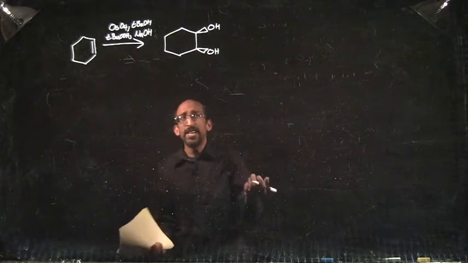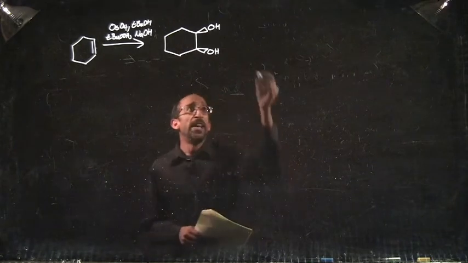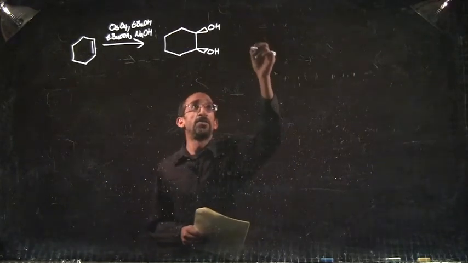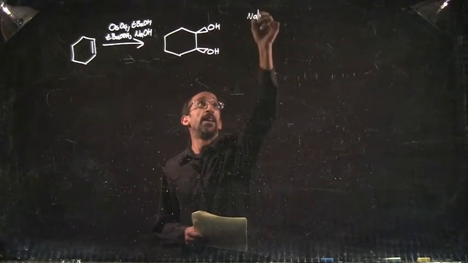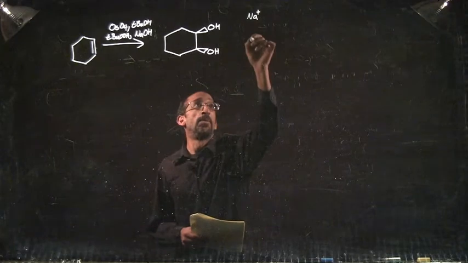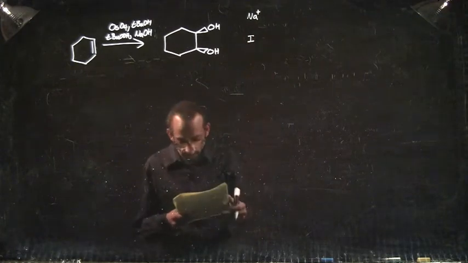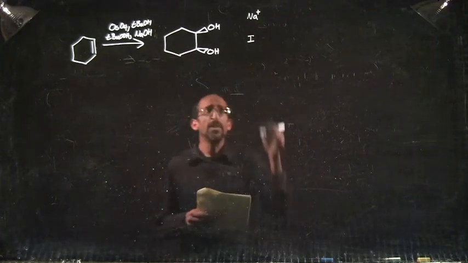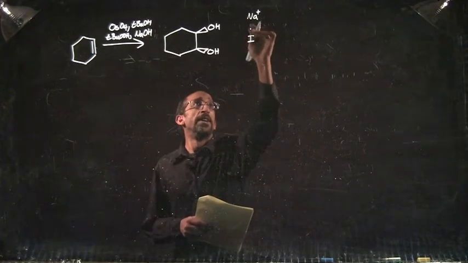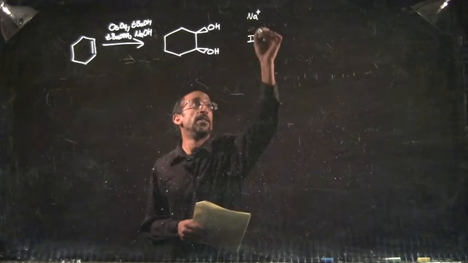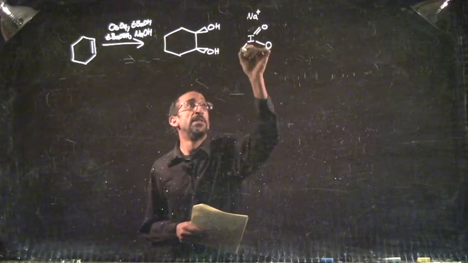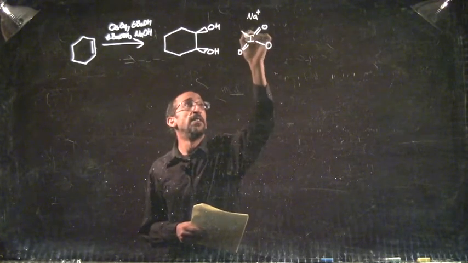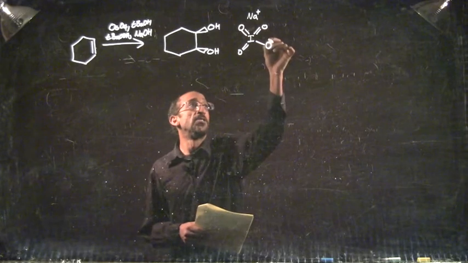Well, we can take this one step further, and if we treat this with a reagent known as sodium periodate, so Na+ and our periodate, here's our iodine, we're going to have 1, 2, 3, 4 oxygens off of that.